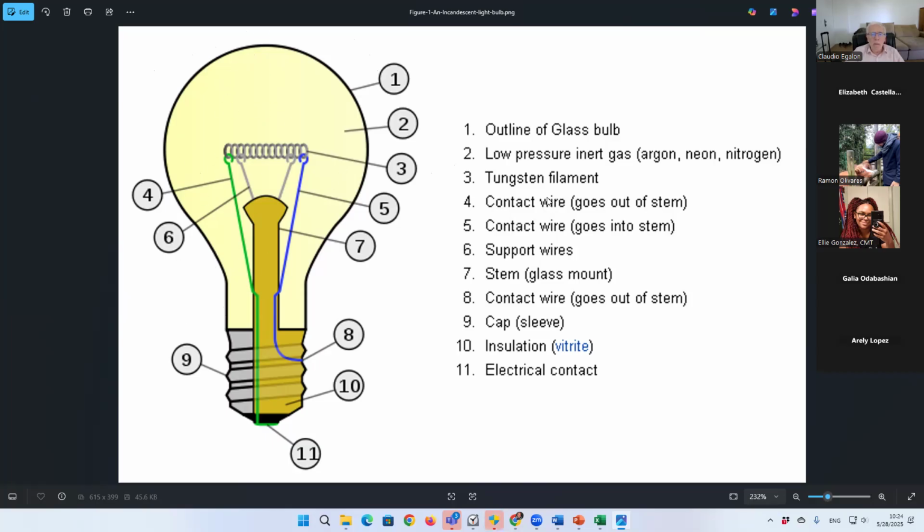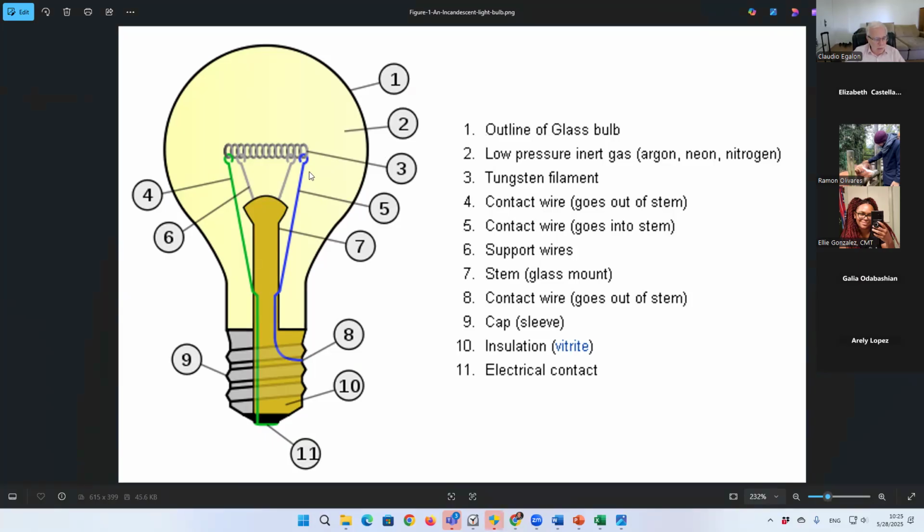If you break the enclosure, then the filament oxidizes more readily. Oxygen is very good at oxidizing this filament. Once you pass current through this filament, you raise its temperature, and at a high temperature, the filament is more readily oxidized.